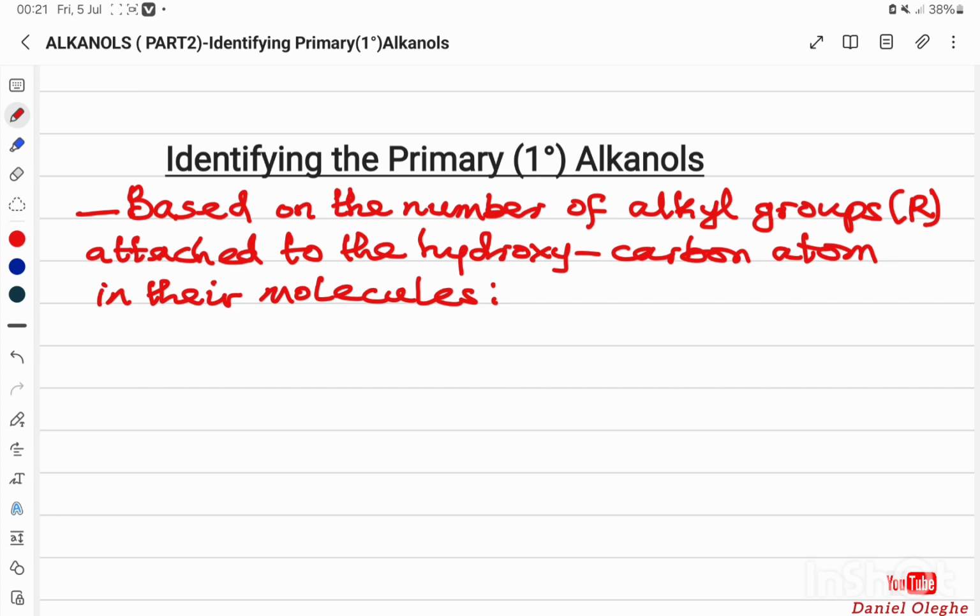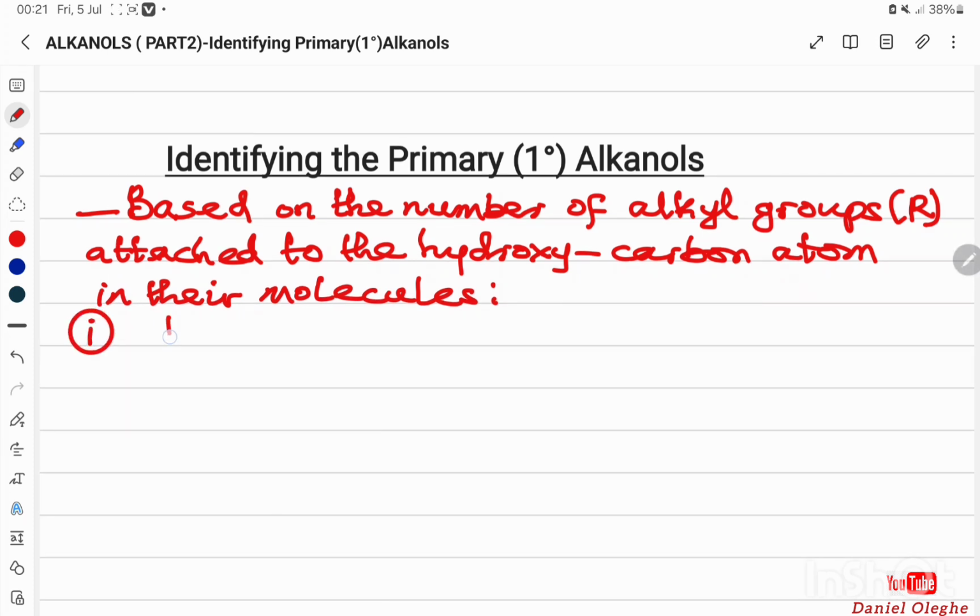And the presence of hydroxy group makes this compound to be called alkanols. So based on the number of alkyl groups attached to this hydroxy-carbon atom in their molecule, we have the following.